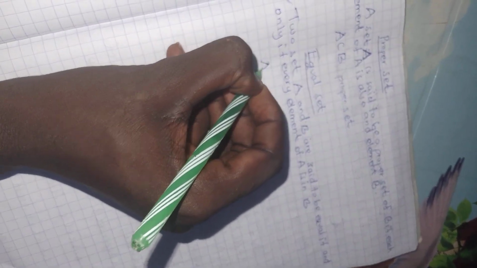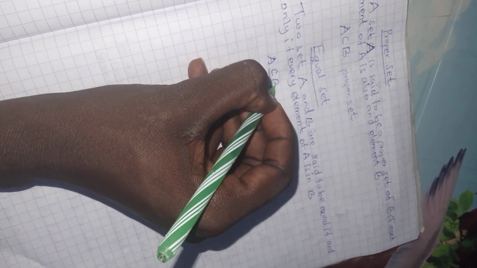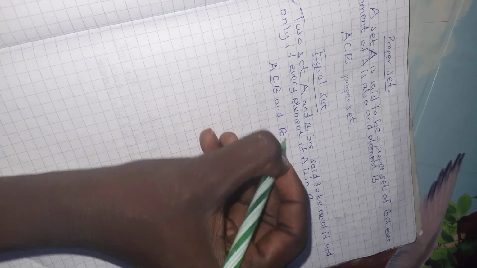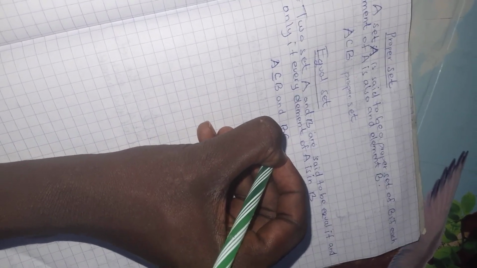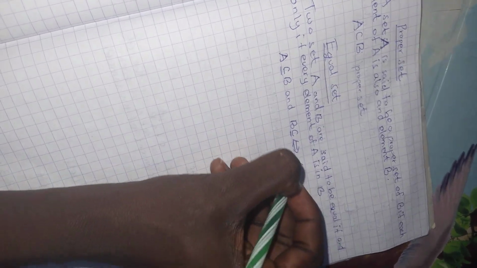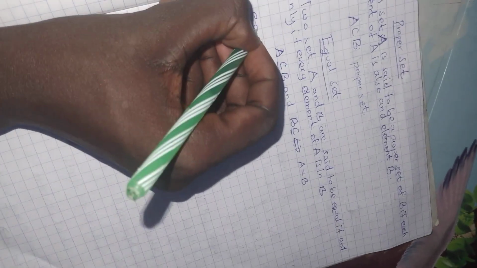A is an equal set to B, and B is equal to A.